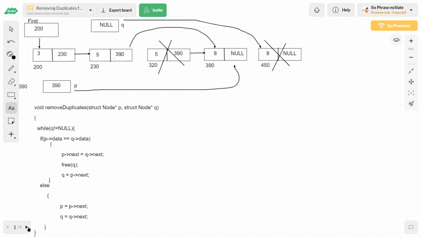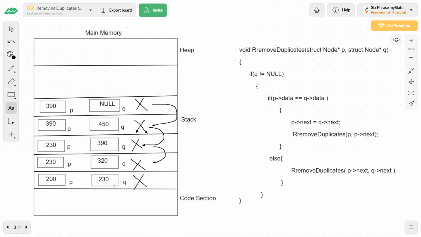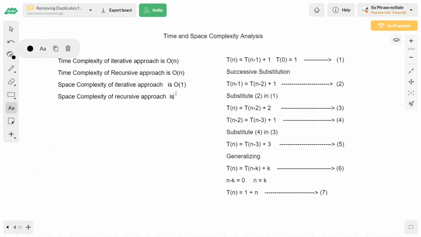For 5 elements, we are having 5 activation records. So totally n activation records, and in every activation record 2 blocks are available. So totally 2 into n blocks. So 2 into n is a linear equation, 2 multiplied by n. So we should be taking it as a linear space complexity, which is order of n.